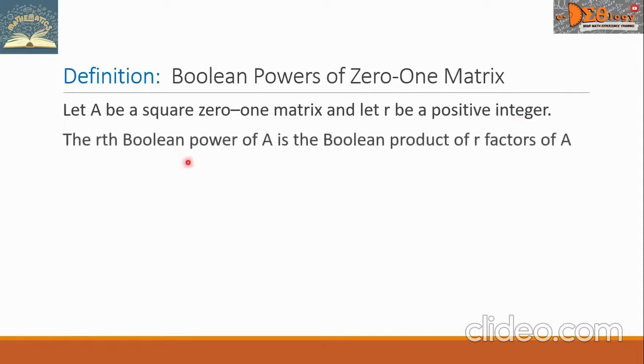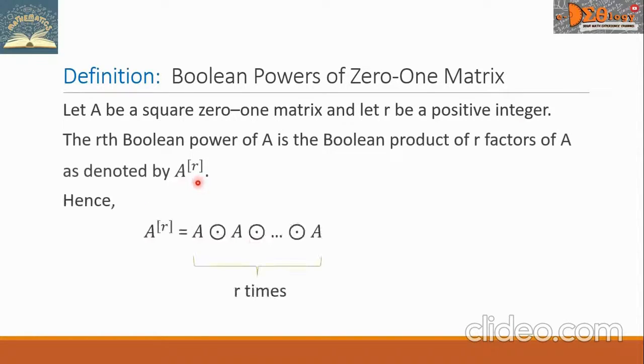The rth Boolean power of A is the Boolean product of R factors of A, denoted by A raised to R. This A raised to R is equal to A multiplied to itself R number of times. Note that A with power 0 is equal to the identity matrix.